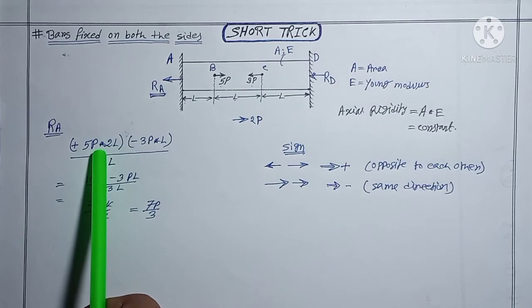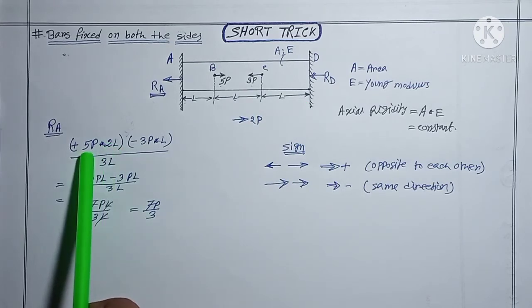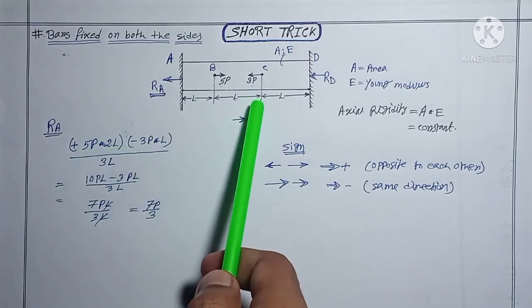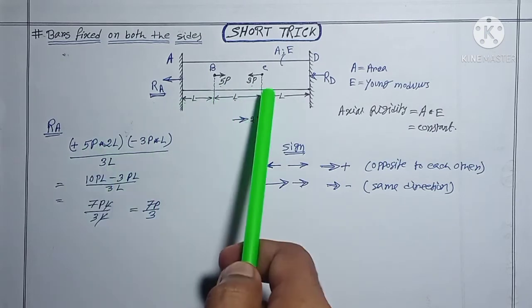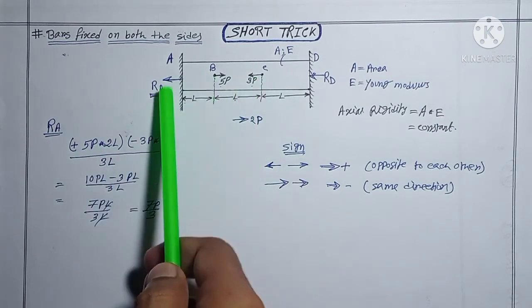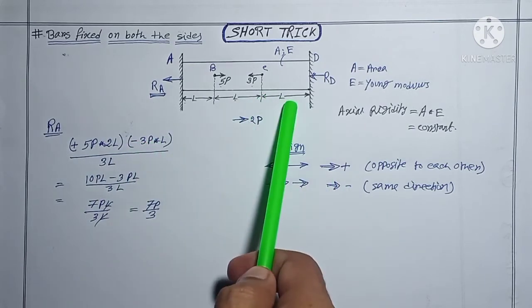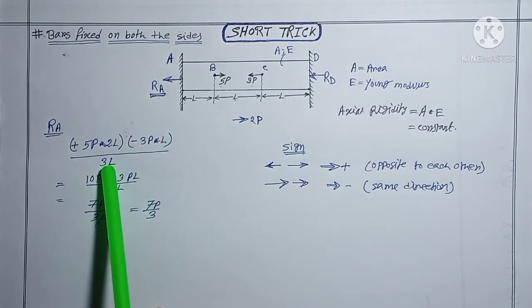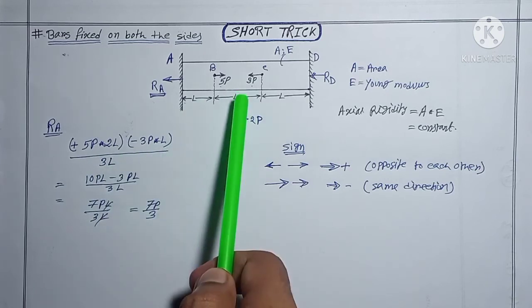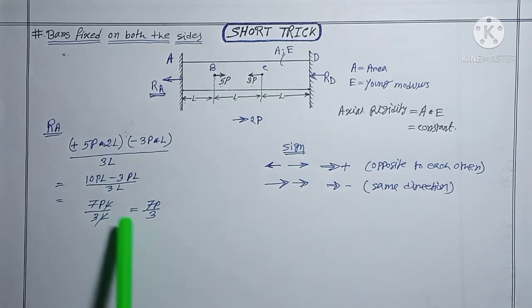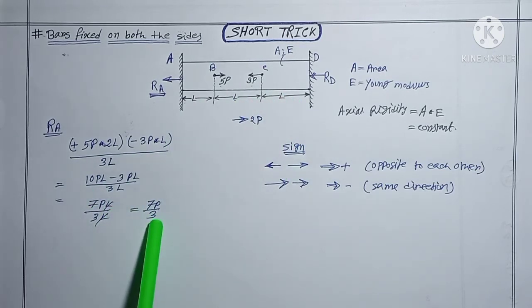So I am multiplying 2L here with 5P. Then the next one, 5P is over, the next one is 3P. Now the direction of 3P is the same, so I take negative here, and into the remaining distance L, divided by 3L, the total length, L plus L plus L. So I get RA as 7P by 3.